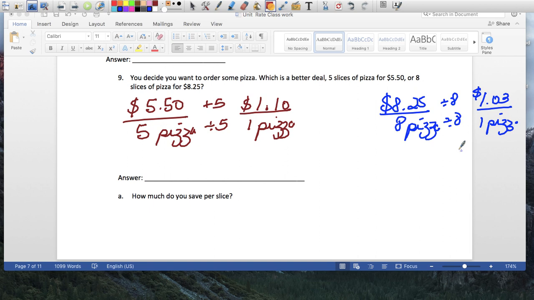So which one's the better deal? This is the better deal. How much do you save per slice? Here you pay $1.10, here you pay $1.03. If you subtract, you get 10 minus 3 is 7. You're going to save 7 cents per slice.